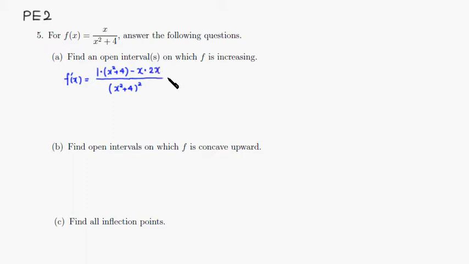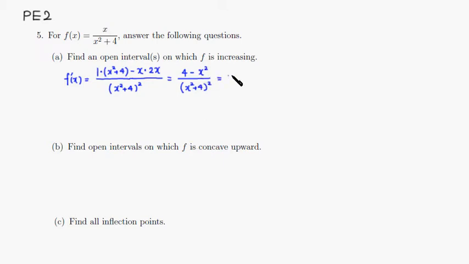So you will get 4 minus 2x squared plus x squared, so negative x squared, over the denominator x squared plus 4 squared.